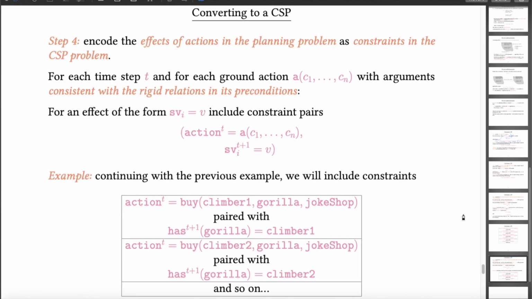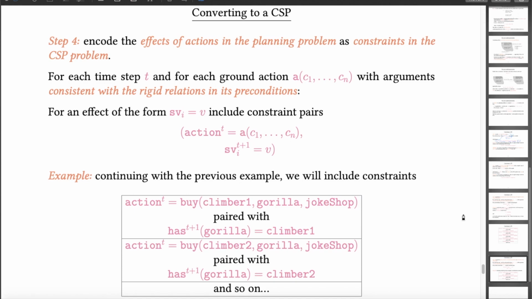Now the final step is to encode the effects of actions. I hope you can see where this is going now. At each time step and for each ground action, if there is an effect which involves updating a state variable, then you include a constraint between the action for time t and the value that the state variable must then have at time t plus 1.